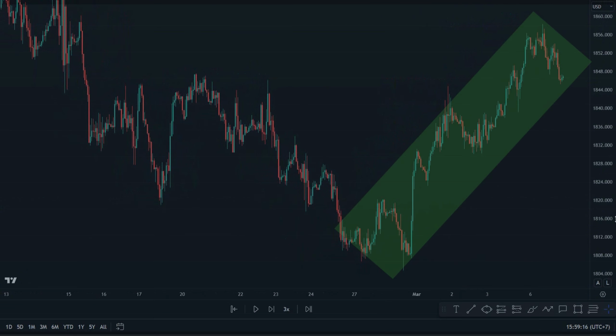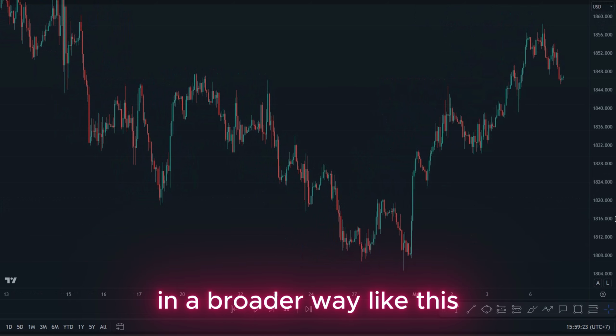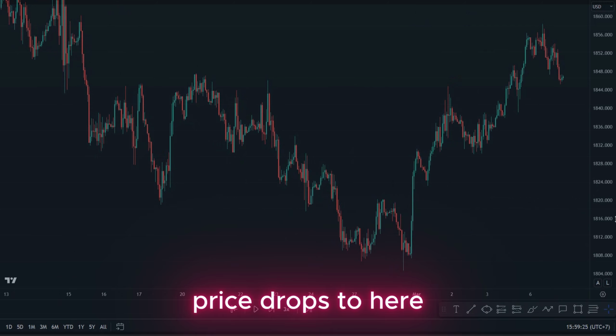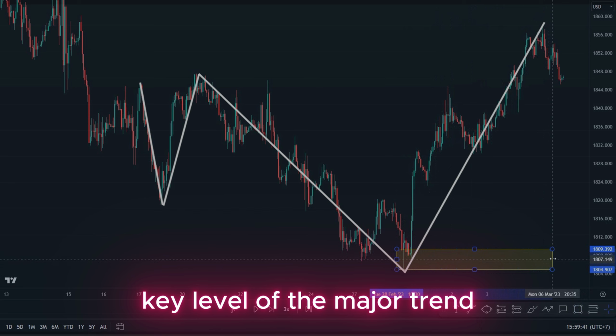And now, if we look at it more broadly, more comprehensively, we can imagine the price moving in a broader way like this. Price drops to here, pulls back to here, then continues to drop to the deepest point here. And then the price starts to rise. That's why this is the key level of the major trend.